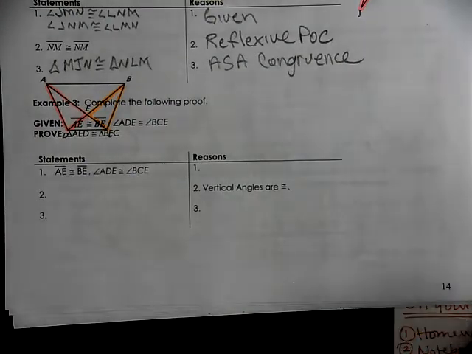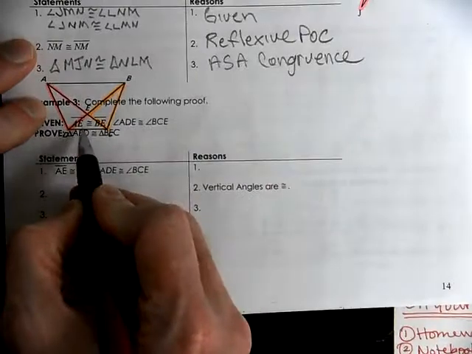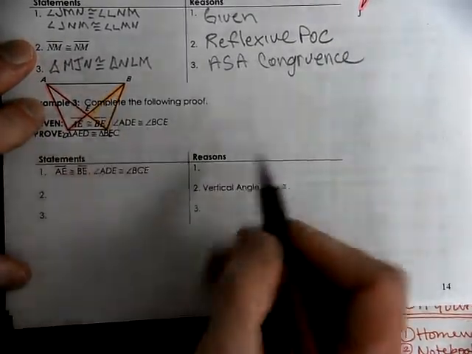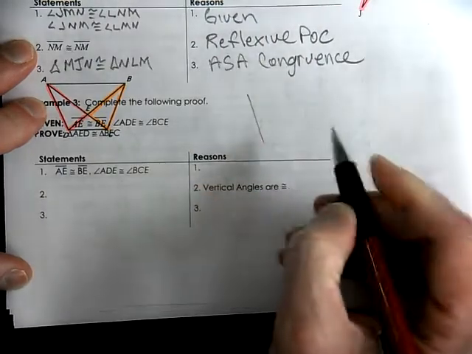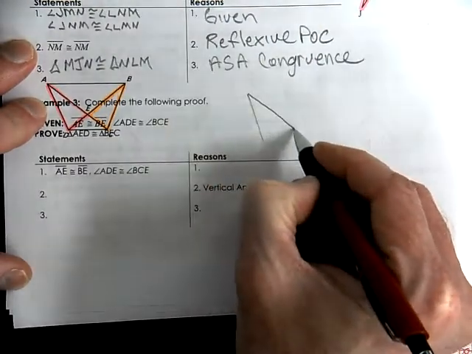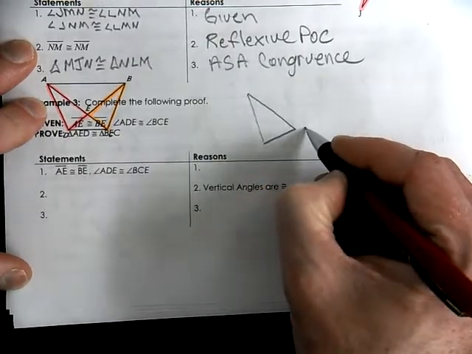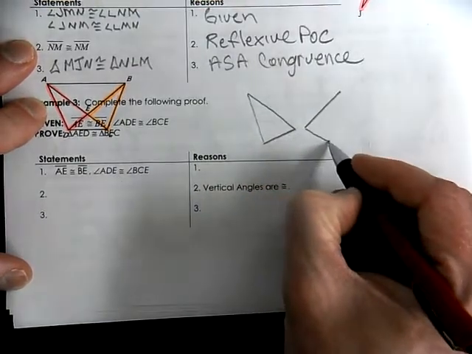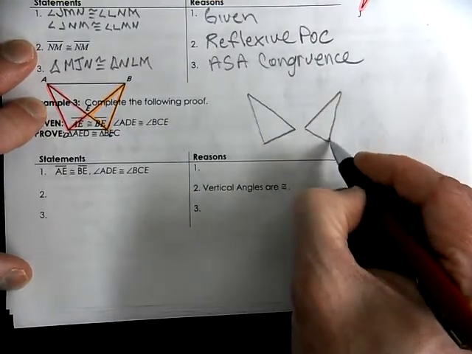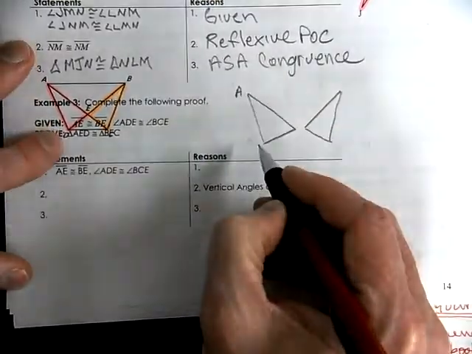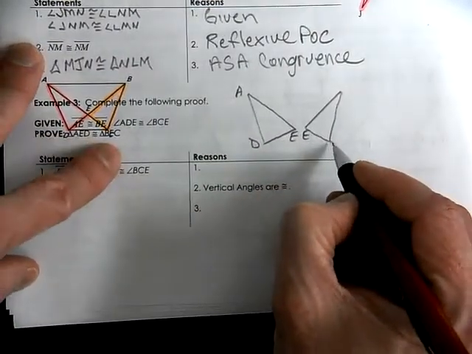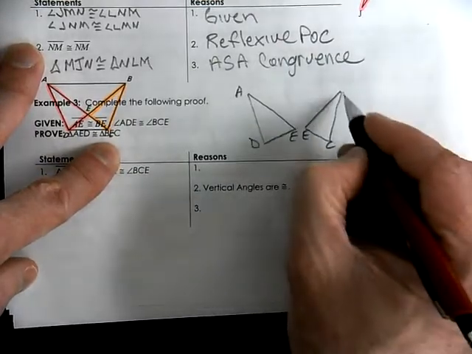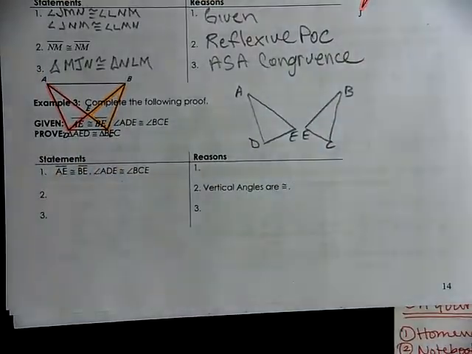So those are the 2 triangles that we're going to be working with. Since we have these additional lines involved, I would suggest to draw those 2 triangles separately. That would be A, D, E, and E, C, B. So those are our 2 triangles that we're working with.